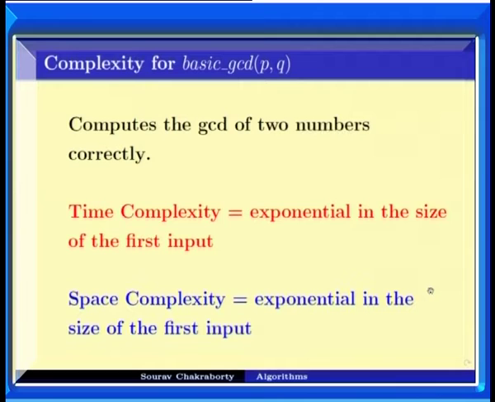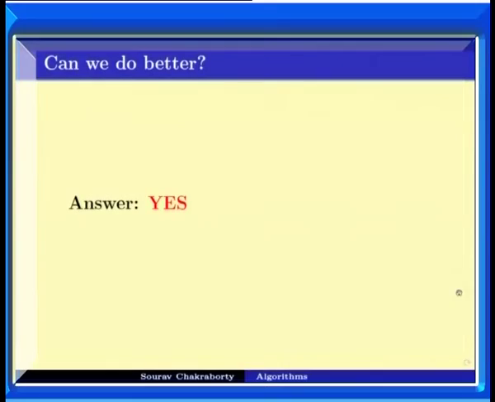So the time complexity is p, the input size is log p. We also saw that the space complexity is also p, because we have to store the whole array which contains p elements, which is again exponential in the input size, log p to the base 2.